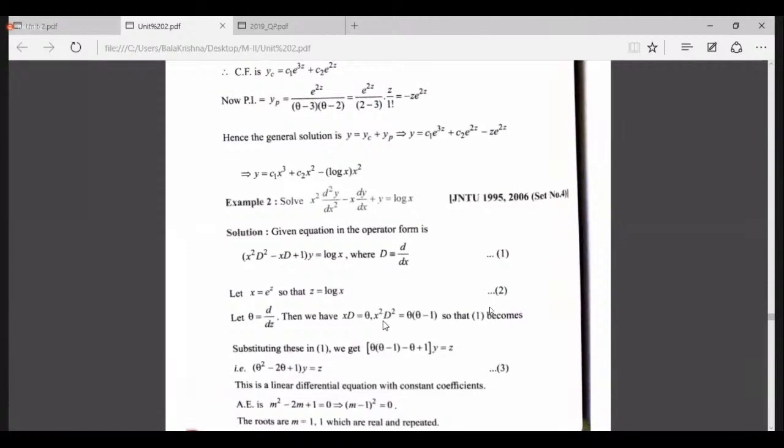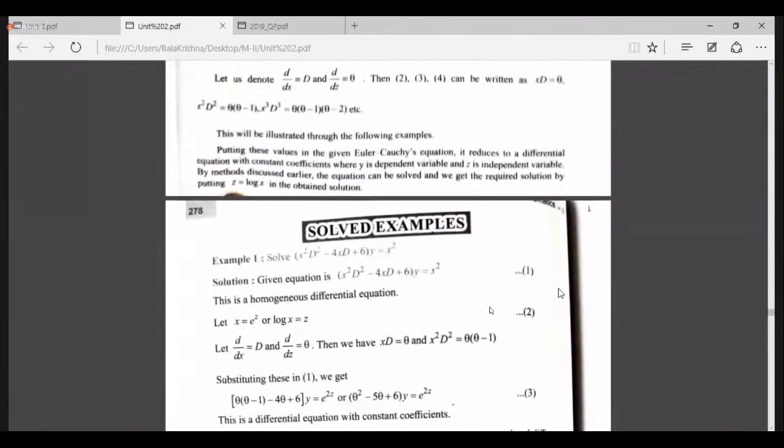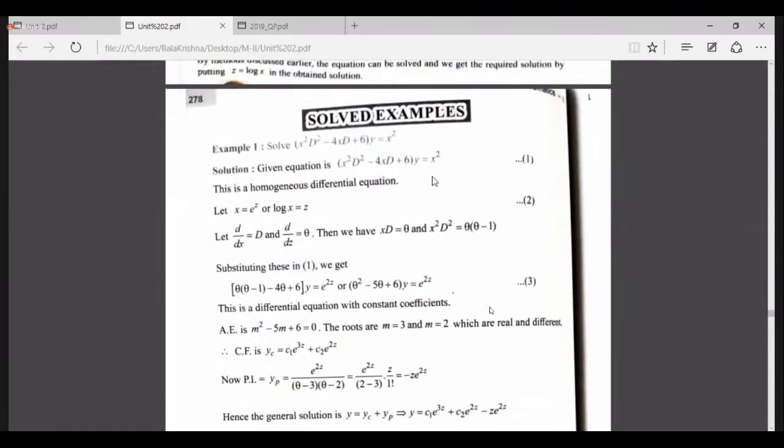And in this unit, please concentrate more on the second unit: the method of variation of parameters, Cauchy-Euler problems and Legendre's problems. The same way you have this Cauchy-Euler form, Legendre's is also the same. Here you will have x D square, and there you will have a plus bx whole square, a plus bx into D, like that.